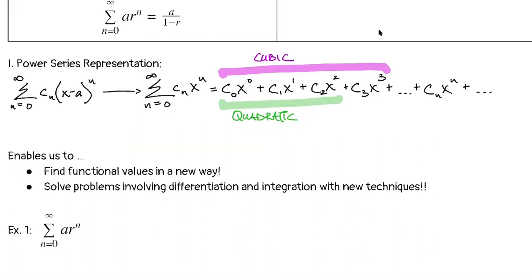So we're going to take a look at really more the second part today, which is that we're going to be able to solve problems using differentiation and integration with new techniques. Okay, so we kind of talked about this yesterday, or kind of hinted at it, that as much as we've spent some time studying calculus, we're sort of like 2/3 of the way through your calculus experience.